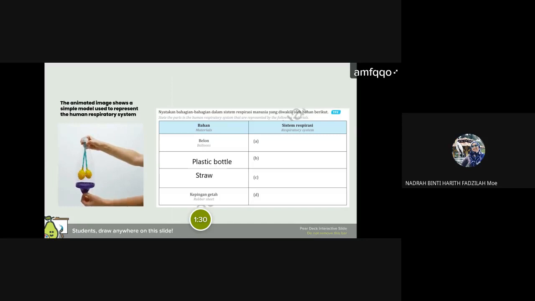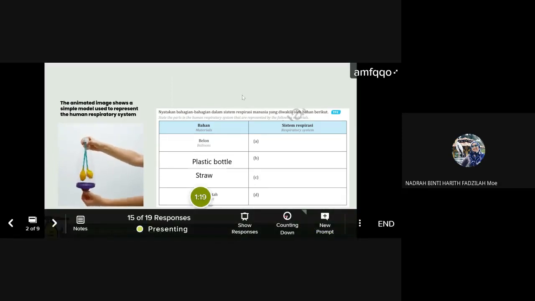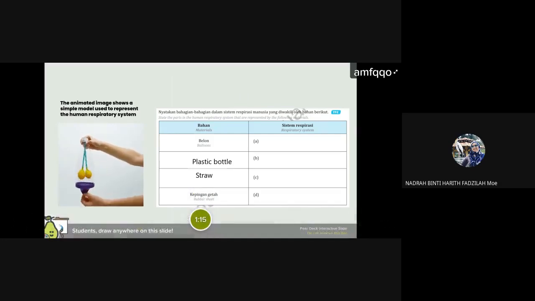Straw tu represents apa? And rubber sheet represents apa? Saya ubah sikit. It is the same table as in your workbook, but I changed the materials a bit because I'm showing you a different model that uses a different set of materials.